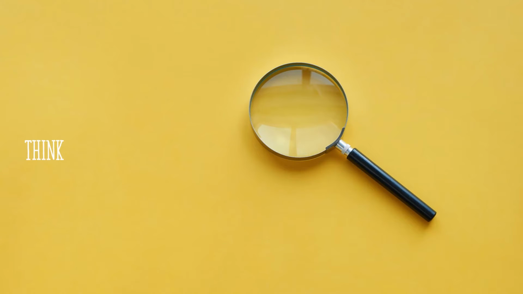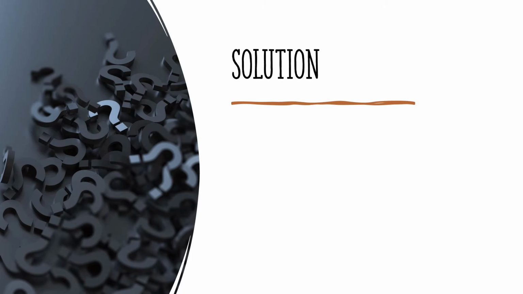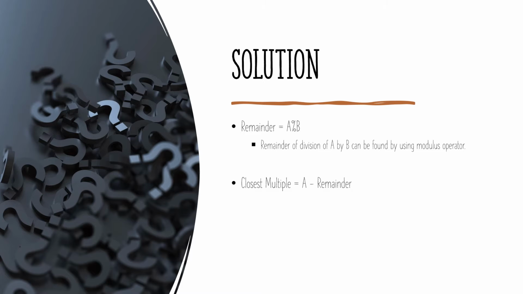Take some time and think. Let's look at the solution now. Remainder of division of a by b can be found by using modulus operator. Closest multiple will be a minus remainder.